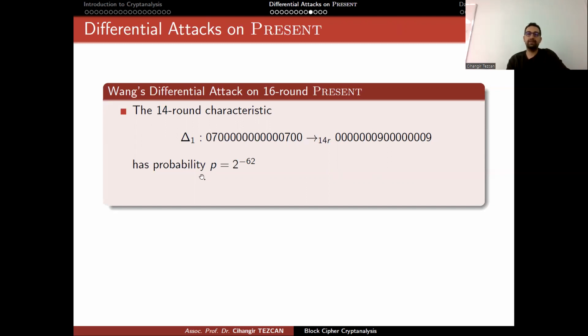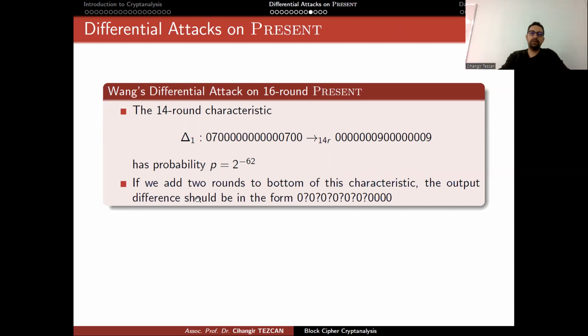And they observe that this has probability this. Okay. If we add 2 rounds to the bottom of this 14-round characteristic, the output difference should be in this form. Recall that we have to start with a distinguisher, add rounds, and capture the subkey. So this is our distinguisher for 14 rounds.